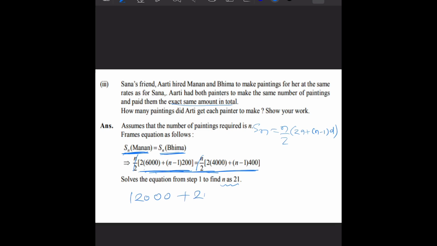This will be what? 200 n minus 200, which is equal to, this will be what? 8,000 plus 400 n minus 400. फिर terms शिफ्ट हो जाएगी, यहाँ पे आ जाएगा 4,000. 4,000 में से 200 जाएंगे, ये कितना हो जाएगा? 3,800. 3,800 में 400 ऐड होगी, 4,200 will be equal to 200 n. 0 0 cancel, 0 0 cancel, the n का value is 21. Thank you so much.